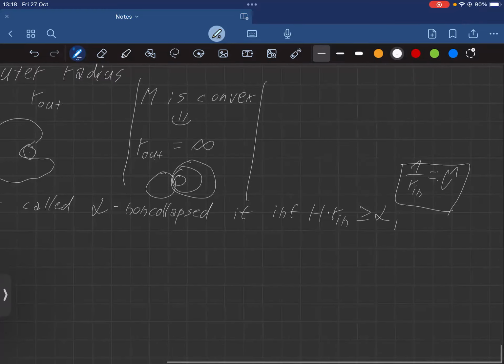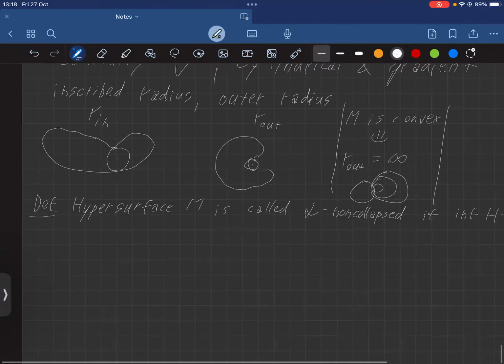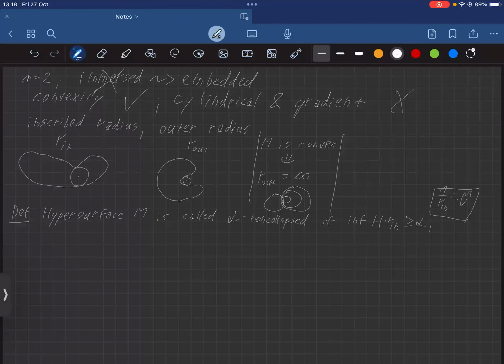Okay. It's pretty clear that if we are given a closed hypersurface, since the inscribed radius is a continuous function, it attains a minimum, and thus our hypersurface is, of course, alpha non-collapsed for some alpha.